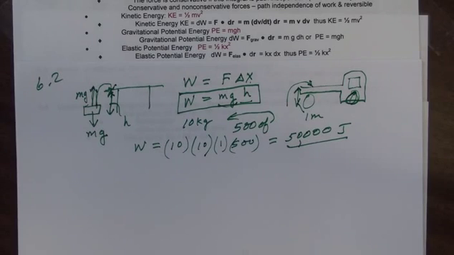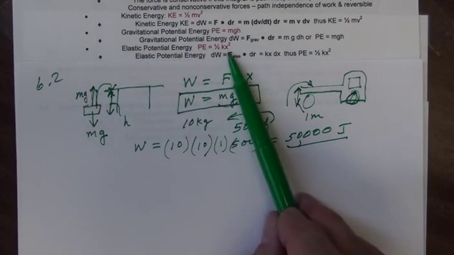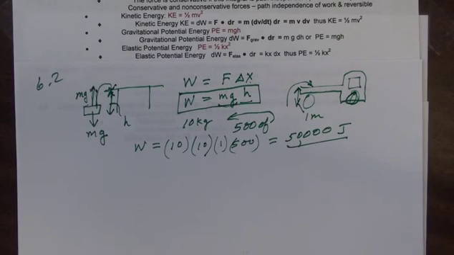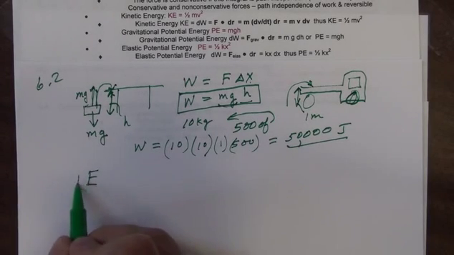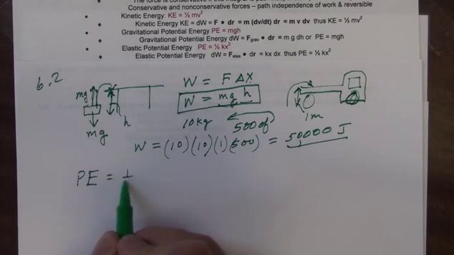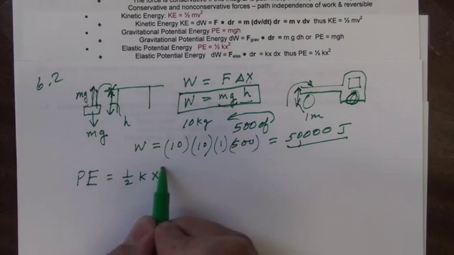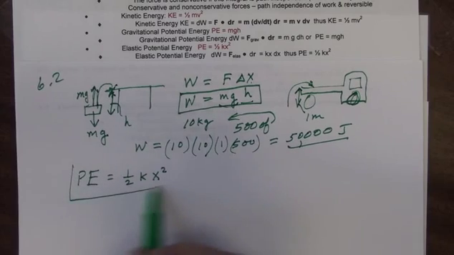The next one I want to work has to do with elastic energy, because often we compress a spring or pull a spring out, and the potential energy that's stored in such a spring is given by 1/2 kx squared, where x is the distance from equilibrium.